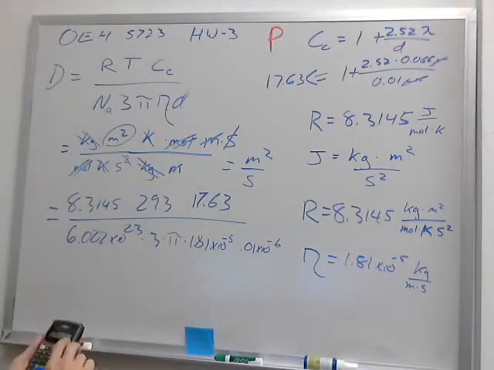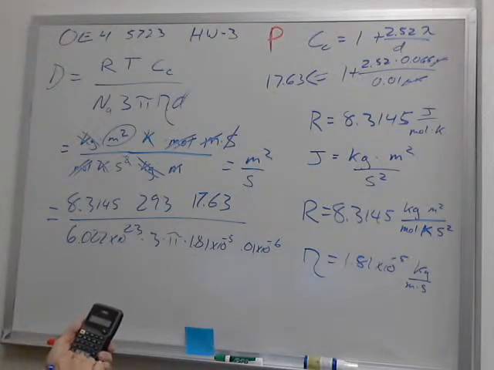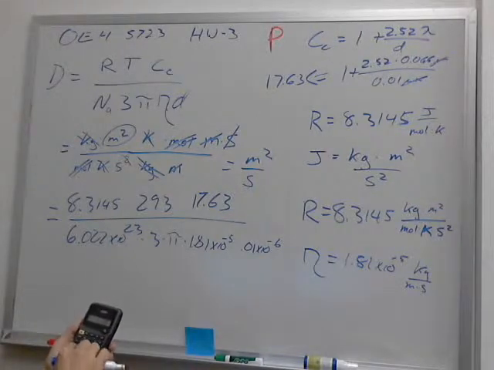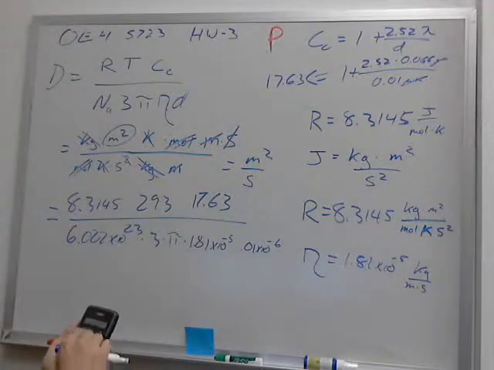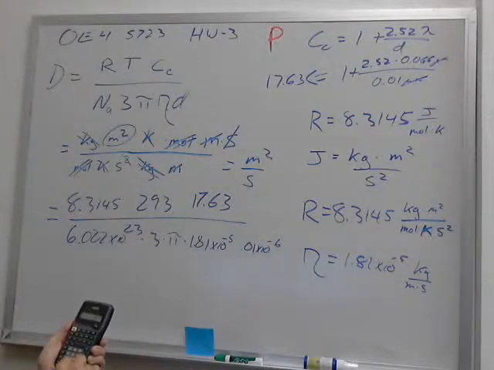And now it's time that we can just calculate these things out. Alright. So I have not worked this one previously, so we'll have to see if we do it correctly together. 8.3145 times 293 times 17.63 divided by Avogadro's number, 6.022 e to the 23rd, divided by 3, divided by pi, divided by 1.81 e to the minus 5, divided by 0.01 e to the minus 6.